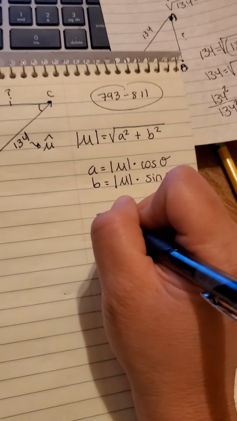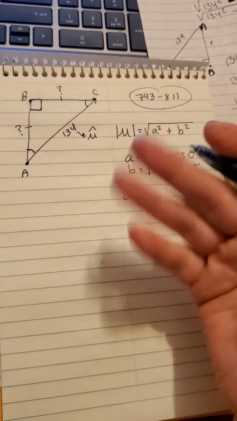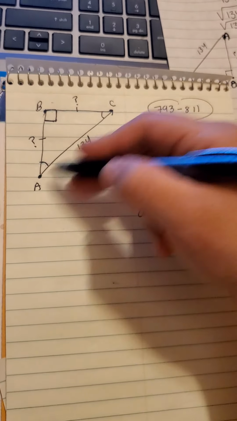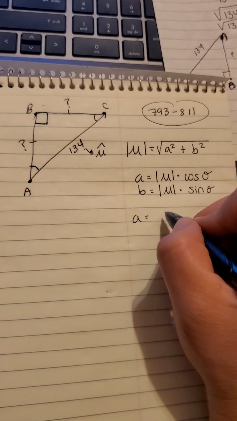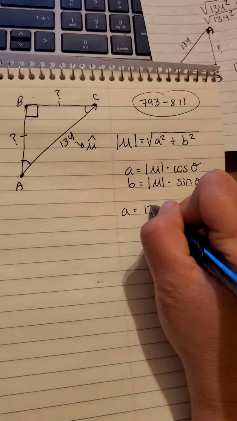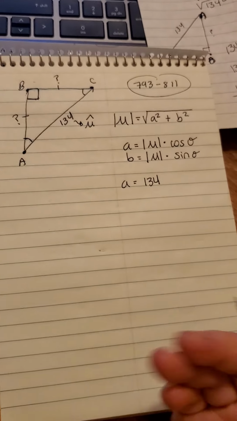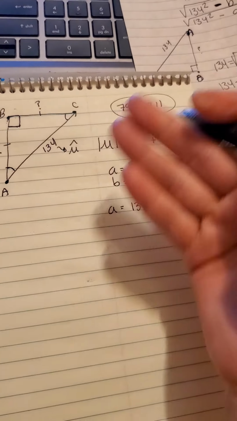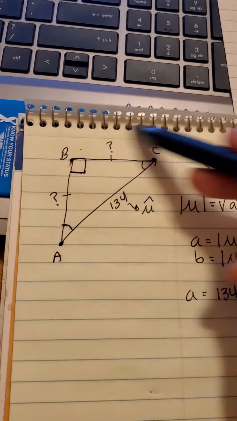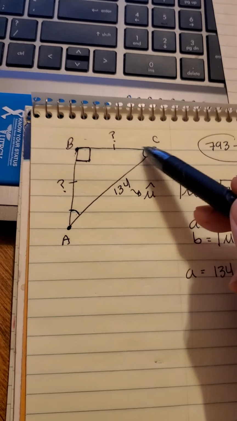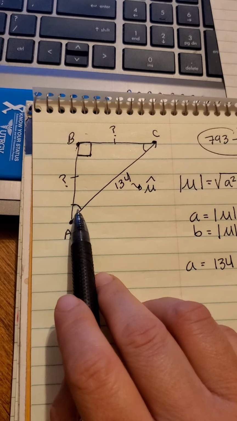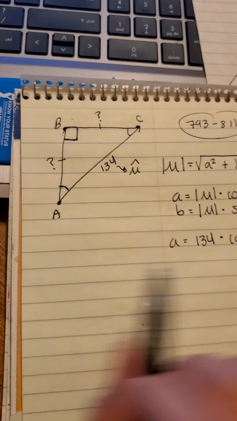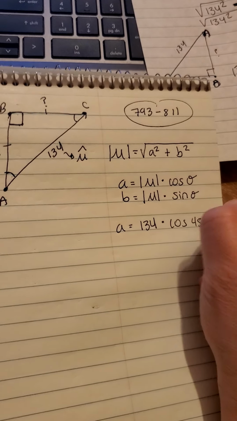So component A equals the magnitude of the vector U, which is 134, that's the magnitude given, times cosine of the angle theta. We don't have theta, but it's safe to assume in this problem that it is an isosceles triangle, so this angle and that angle are congruent, 45 degrees each.